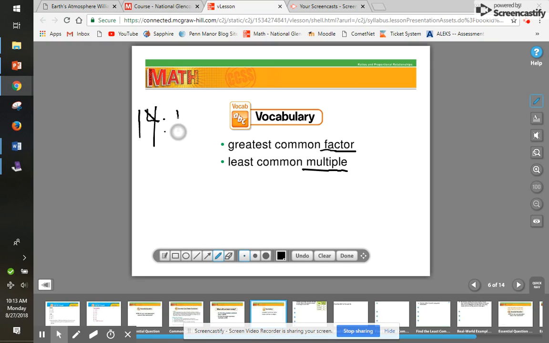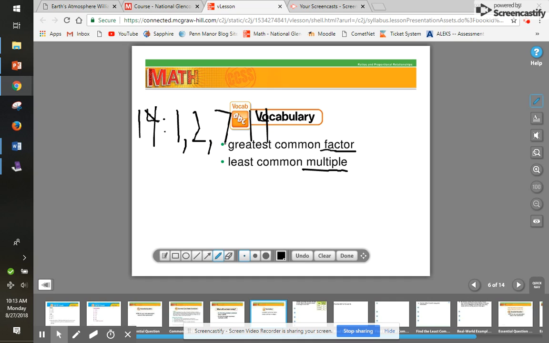I know 1 and 14, because 1 times 14 is 14. And I know 2, and 7. So I could say that the factors of 14 are 1, 2, 7, and 14.